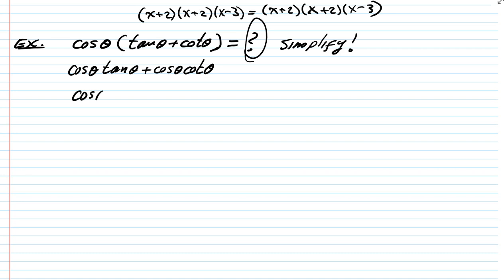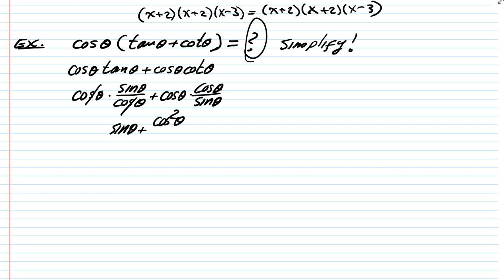Now, tangent is the ratio of sine to cosine, right? Ratio identity. Cotangent is cosine to sine. And then what do we do next? Well, I can cross out the cosines here. So I get sine theta plus cosine squared theta over sine theta. Now I can get the LCD, correct?